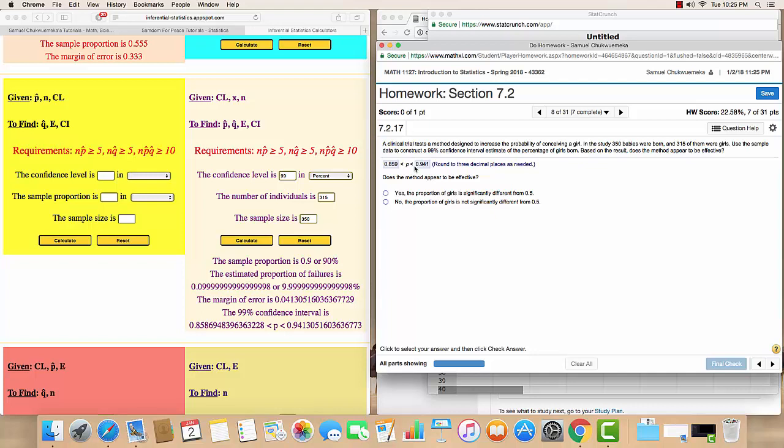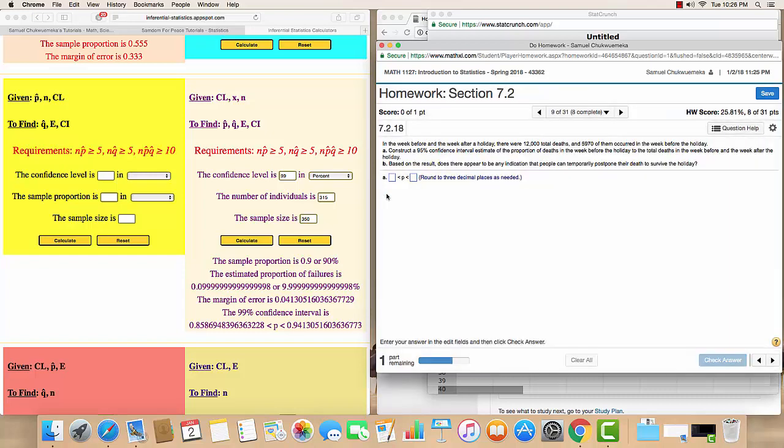So that's a high percentage. It's more than 50%, so yes, it appears to be effective.